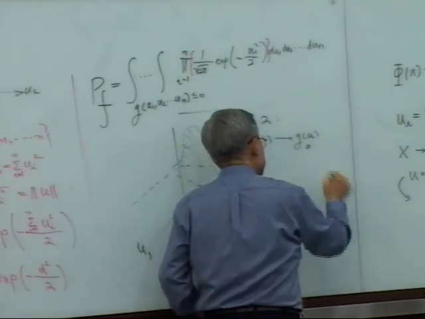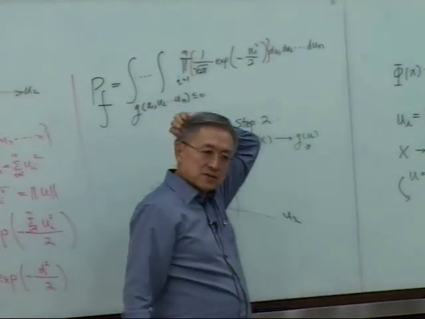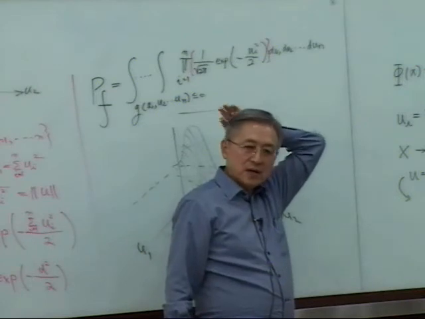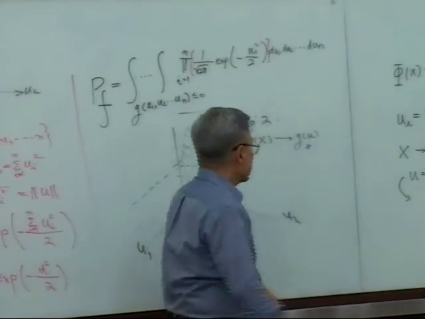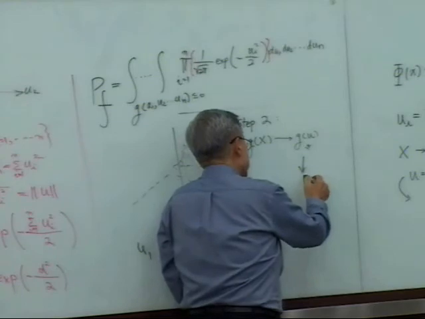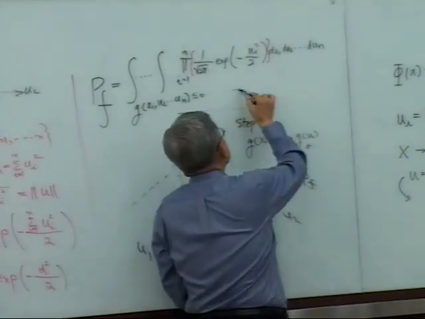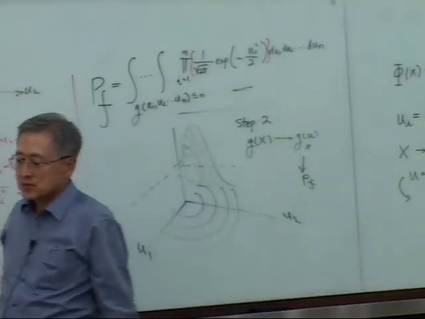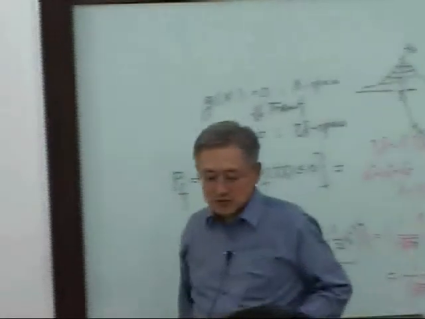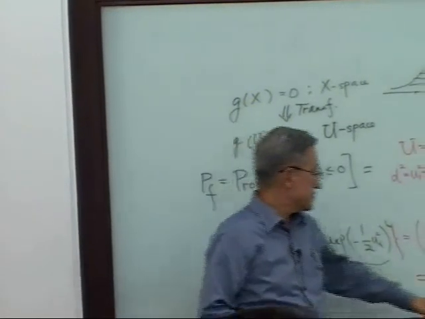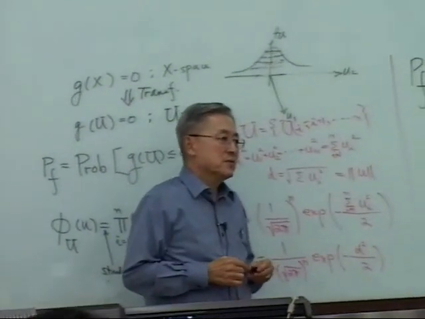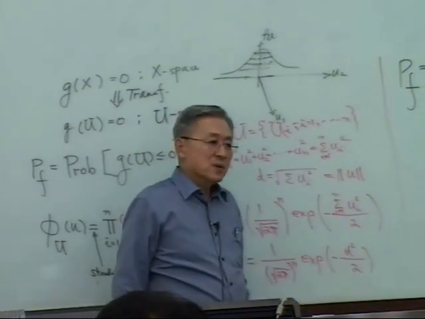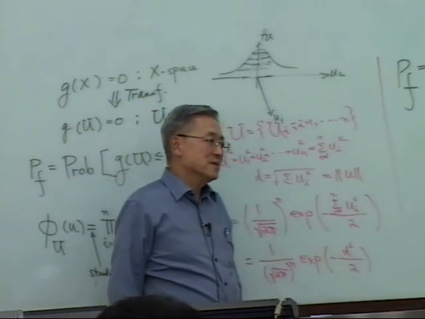Then we can introduce the Taylor series and talk about the expansion point and how to really solve the PF. This is one step, a simplifying step. Second is massaging the G function to get down to the probability of the failure. Okay, so I'll see you Friday.